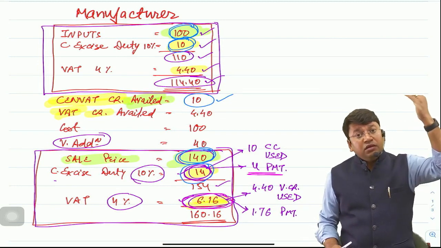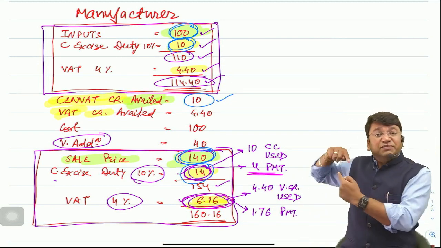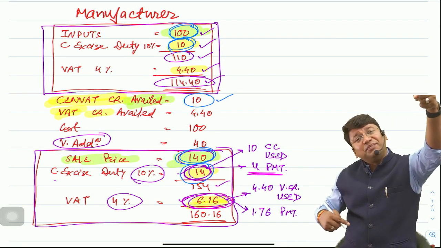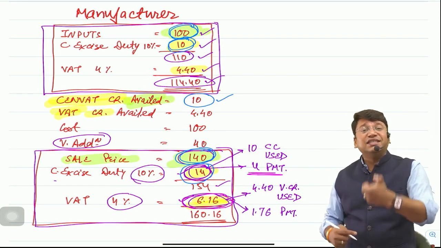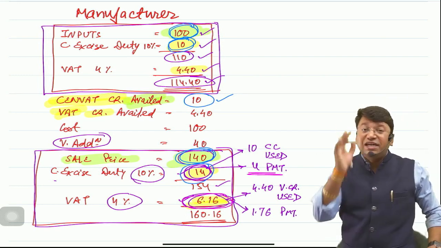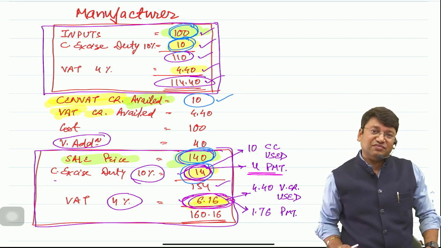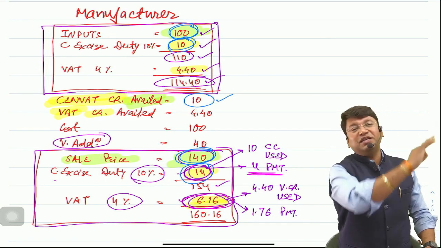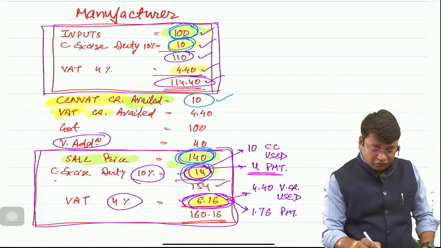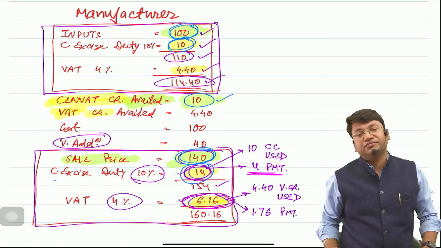So, in this example, tax is being charged on rupees 140, which includes 100 on which we have already paid the tax, and again tax is being charged on rupees 140, which includes 100. So to avoid the multiple taxation and cascading effect, credit of rupees 10 was allowed.